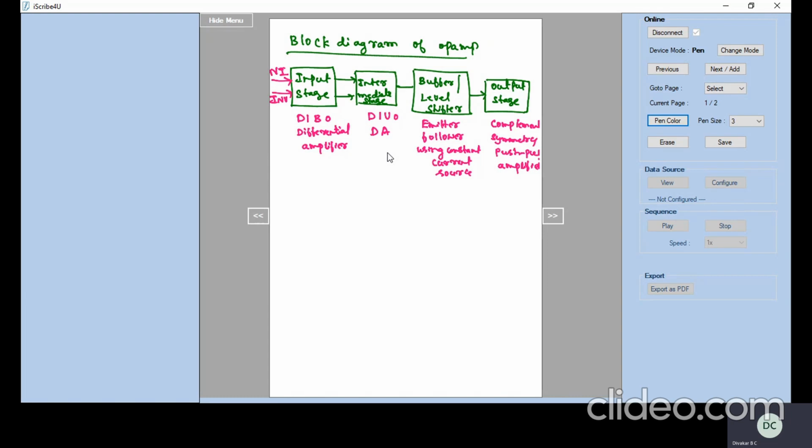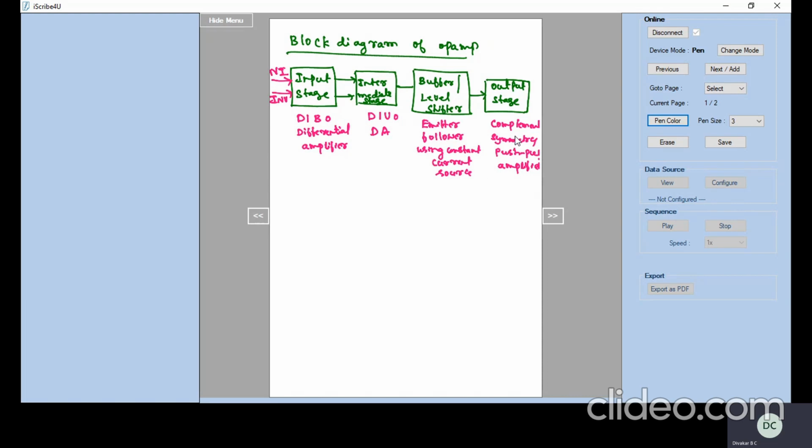To bring down this DC voltage to zero, a level shifter is used, which is usually an emitter follower circuit. An emitter follower circuit is one in which the output voltage follows the input voltage. This also acts as a buffer with a very large input resistance and very low output resistance.